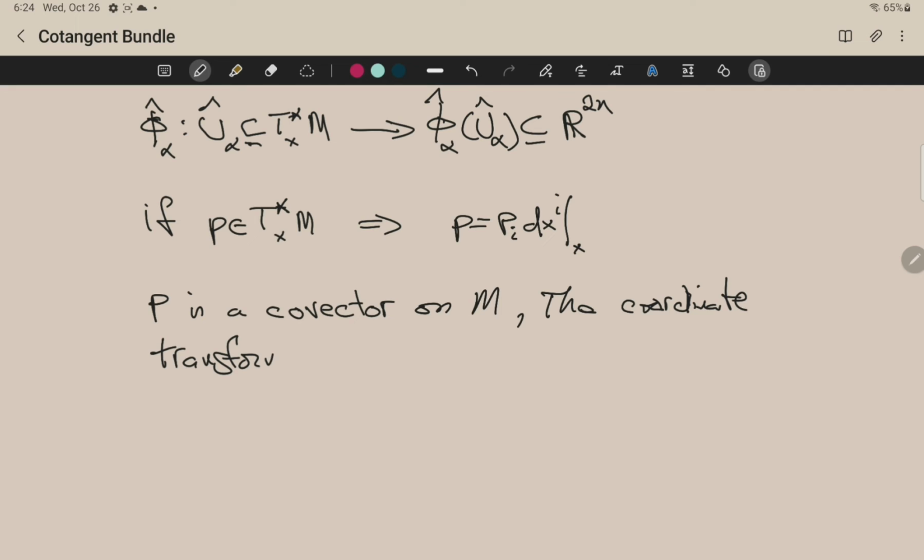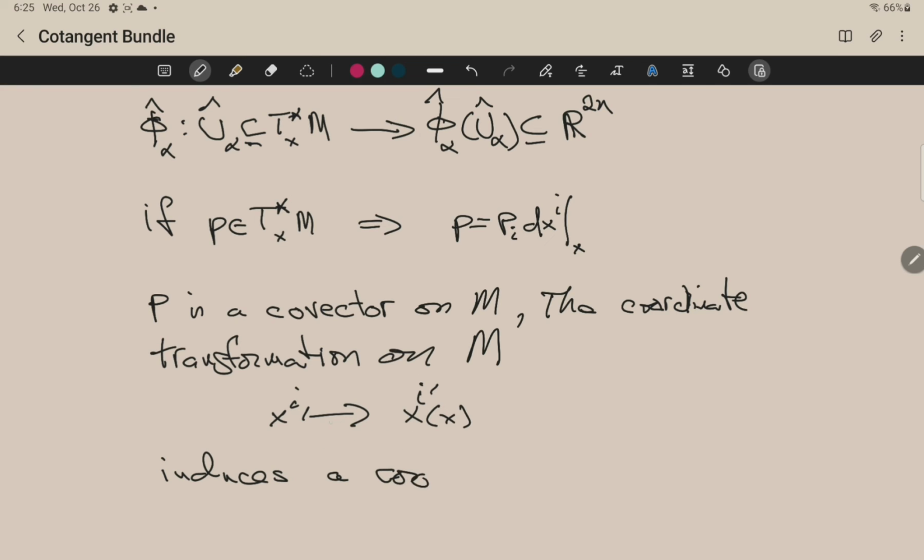Now let's take a look at the coordinate transformations on M first. So x^i gets mapped to x^i prime, as a function of the coordinates. This is just a transition map at the manifold level M. Because of this transition map down here, it induces a transition map or coordinate transformation on the cotangent bundle.